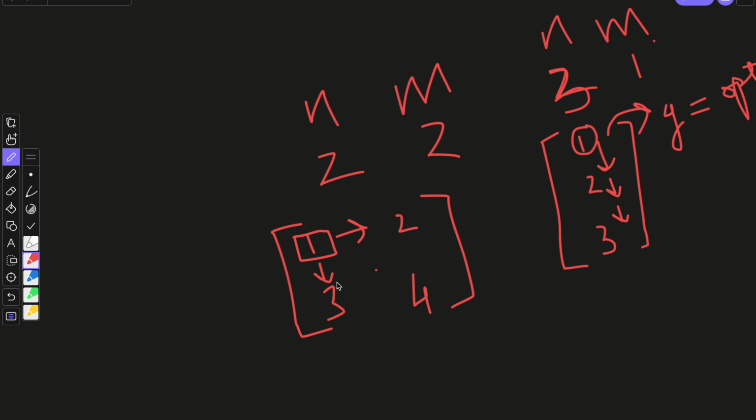So the greedy way would be to go here, and from here to here. So the sum would become 1 plus 3 is 4, plus 4 is 8. And there are only two ways in this matrix in which we can go. It's either here or here.